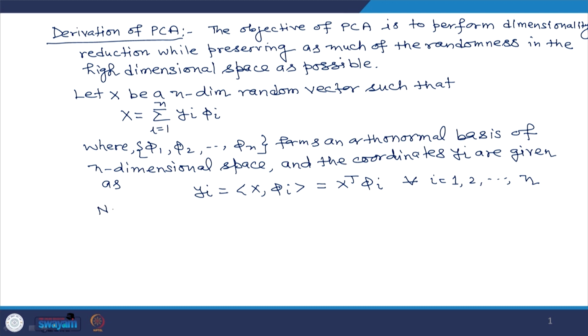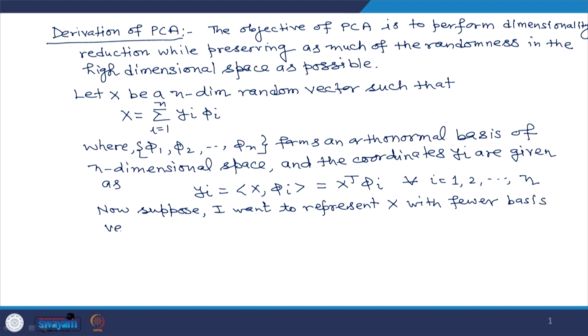Now, suppose I want to represent x with fewer basis vectors, that is, say m, where m is less than n. So, how can we do this?